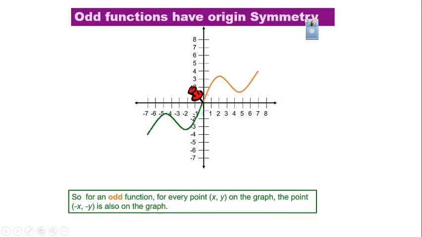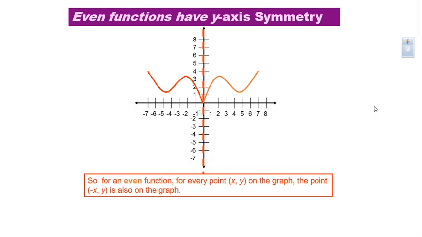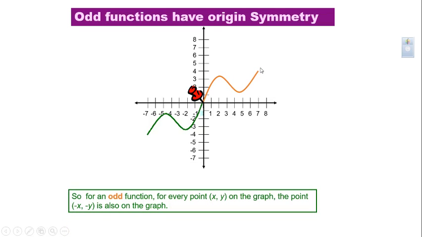An odd function is symmetric about the origin. So when you talk about an odd function, if you replace all your x's with negative x, then the corresponding y will also change signs.